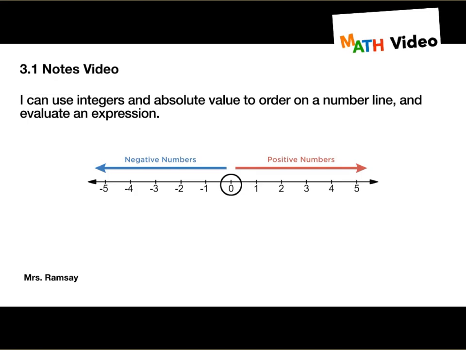So reading a number line and also graphing on a number line are skills that we're going to work on in this lesson. And then I'm going to show you the math sign that we're going to use for absolute value. These two up and down lines, we're going to be using those and learning how to use them correctly. Let's get started.